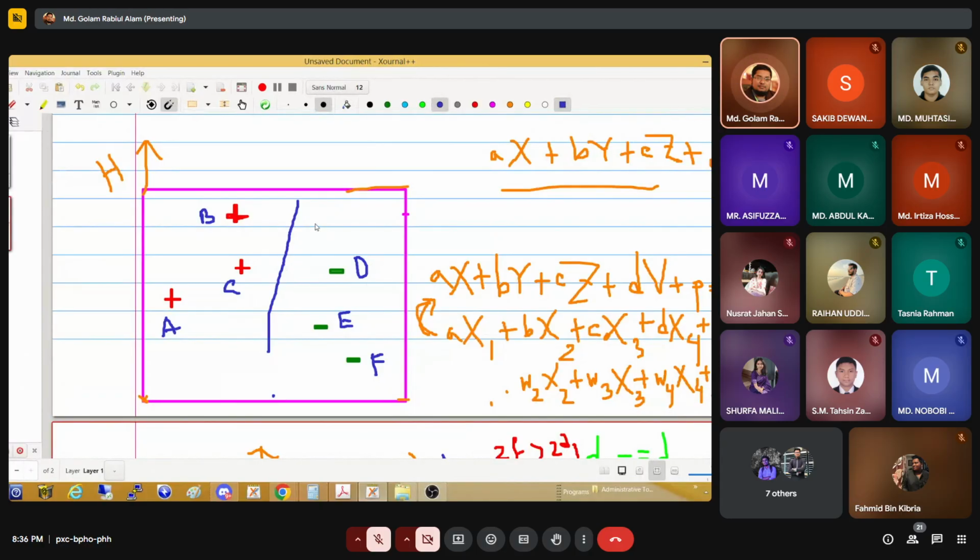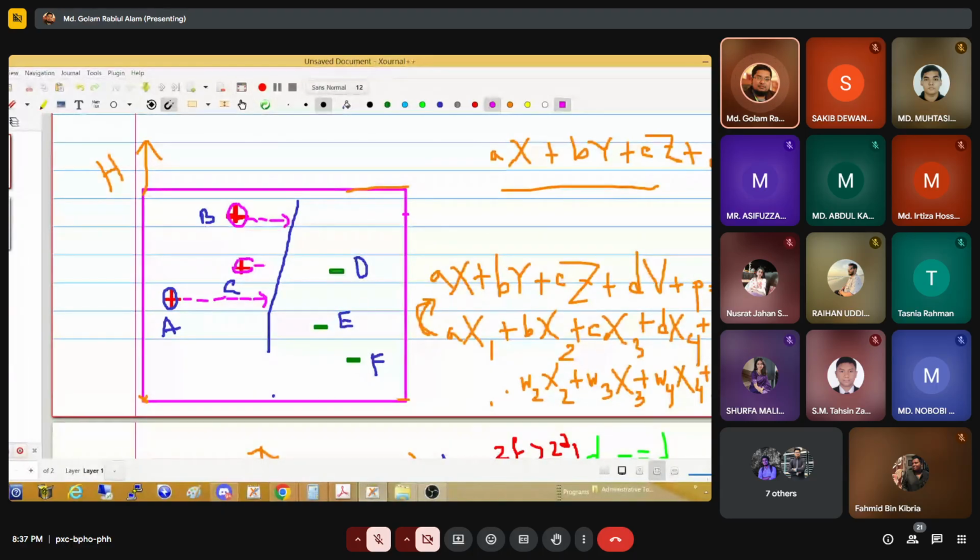Now we want to find the support vectors. Then what do we have to do? We have to find the distance from each and every data point. Here A is a data point, and we need to find the distance from A to our hyperplane, and B to our hyperplane, and C to our hyperplane.